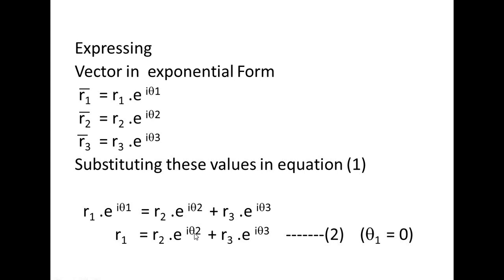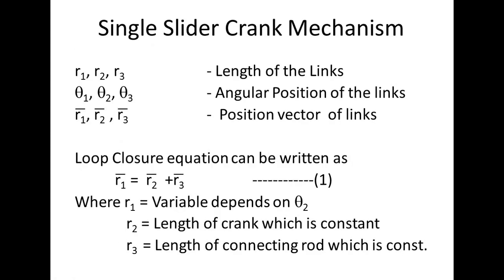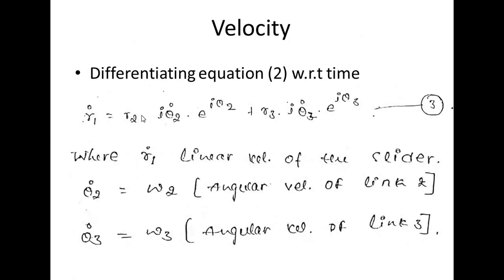So you get r1 dot is equal to r2 into I theta 2 dot into e to the power of I theta 2, because the differentiation of e to the power of I theta 2 is I theta 2 dot into e to the power of I theta 2, plus r3 into I theta 3 dot into e to the power of I theta 3.